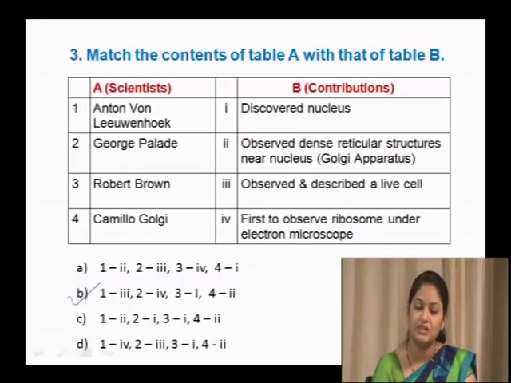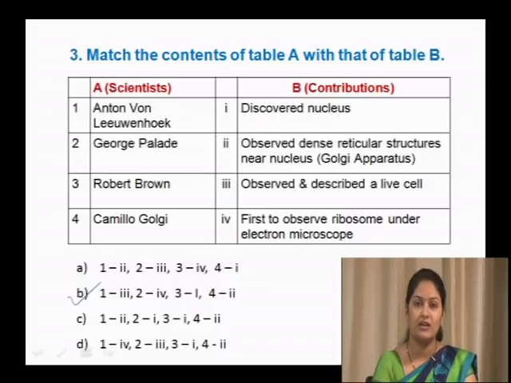And the contents of table B are: discovered nucleus; second, observed dense reticular structures near the nucleus, which are referred to as Golgi apparatus; third, observed and described a live cell; and fourth, first to observe ribosome under electron microscope.